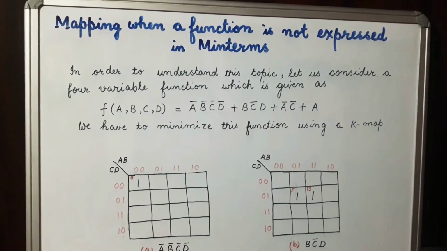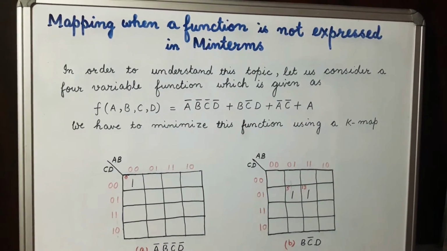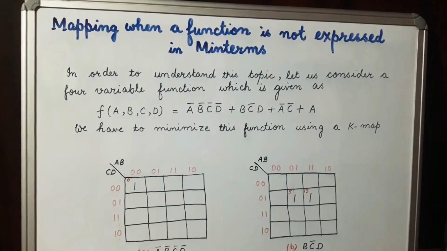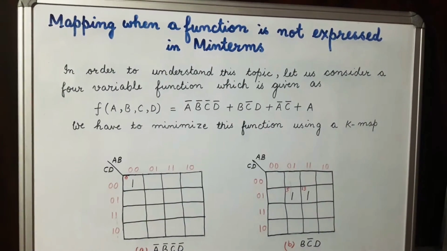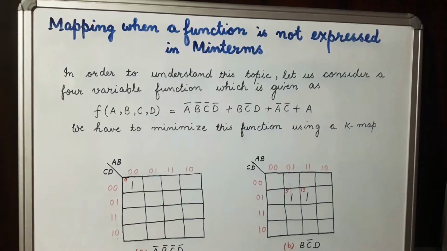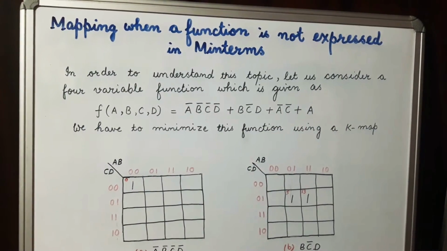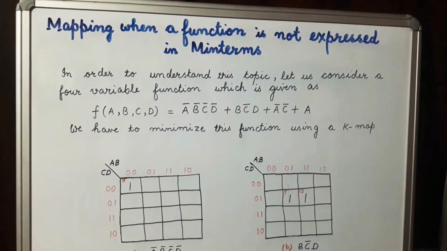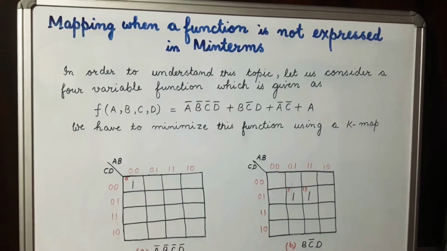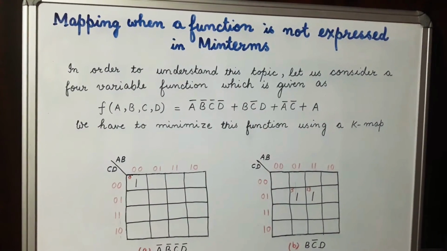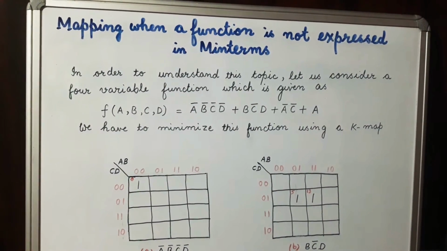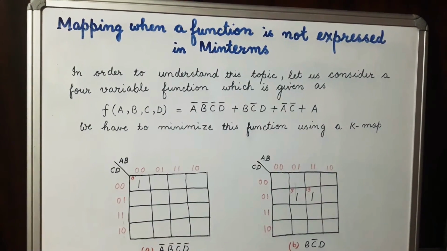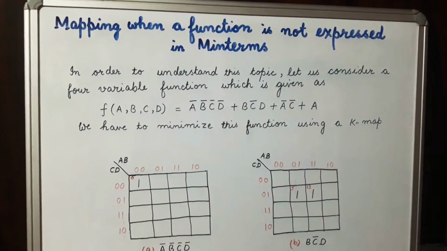But as a matter of practice, if the function is not expressed in the standard form, then it is not necessary to expand the function into its minterms. Instead, the process of expansion can be done by entering the terms of the function on a k-map.